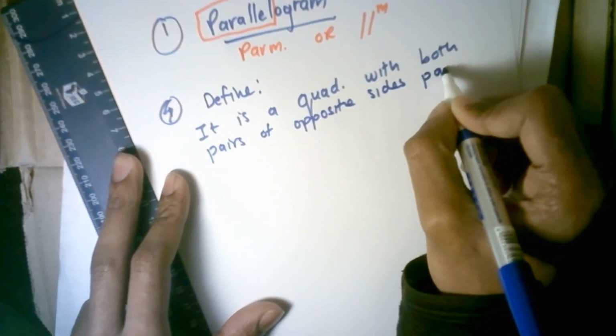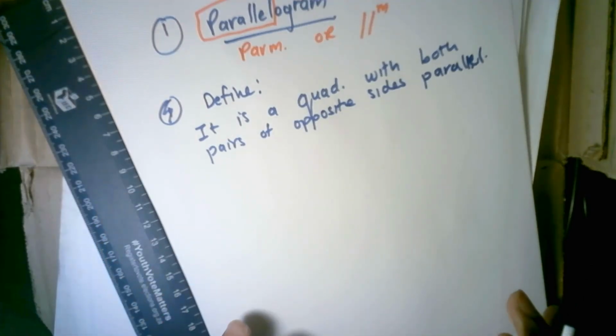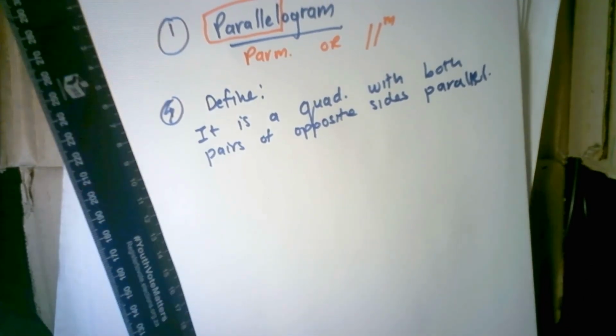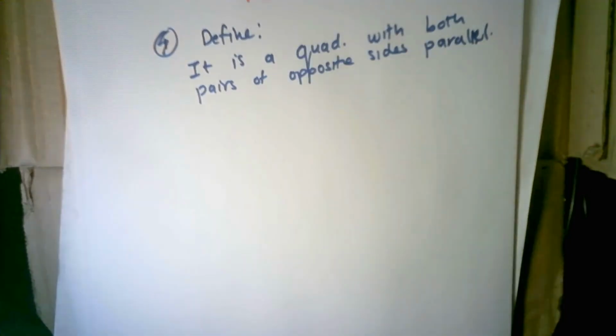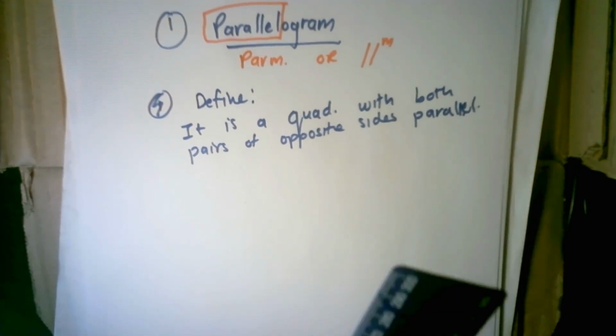And I hope that I do not forget to tell you some of the properties that we can use to prove that a quadrilateral is in fact a parallelogram. But for now, let's look at the properties of a parallelogram.